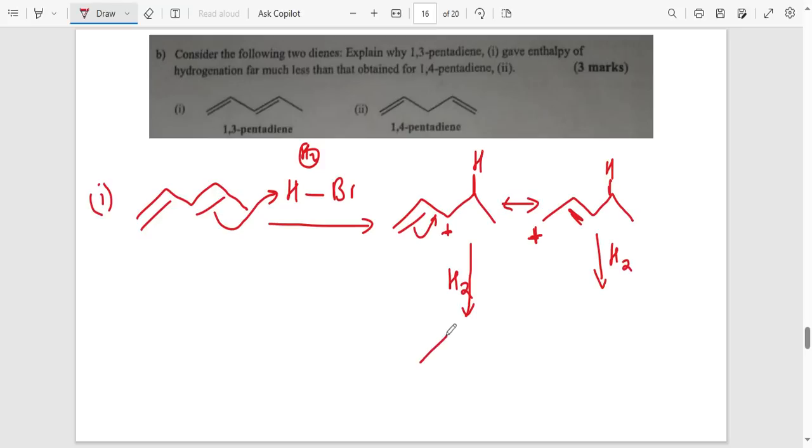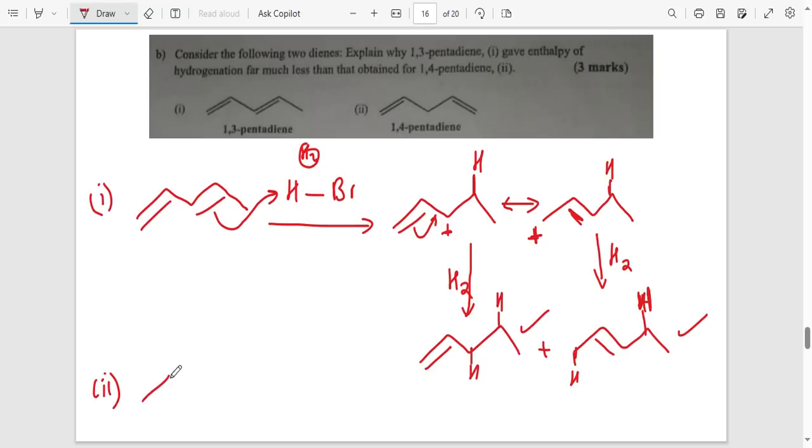So the two possible structures that we are able to form: a hydrogen attached here, with still a bond here. Another one, look at this: the double bond is here, there's a hydrogen here, the other positive charge is at the end, so another hydrogen can be added here. So these are the products that we are getting from the first compound.